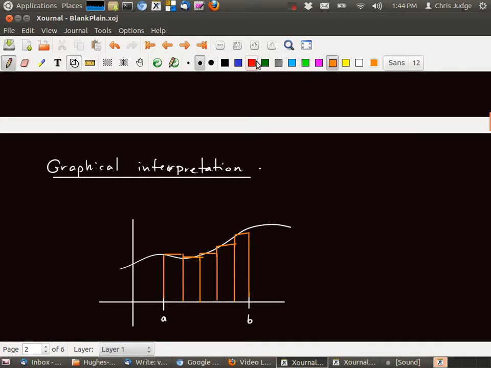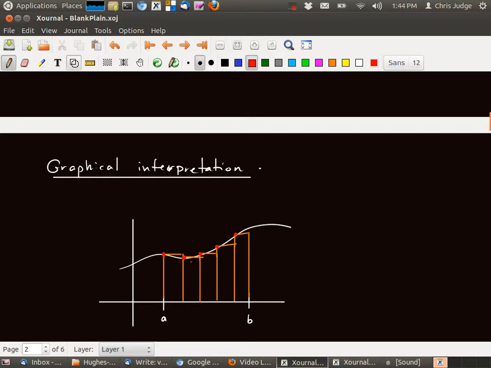So here are the left-hand sums. These are the left-hand endpoints, the values of the function at those points. And this total sum gives us basically the accumulation of our changes.